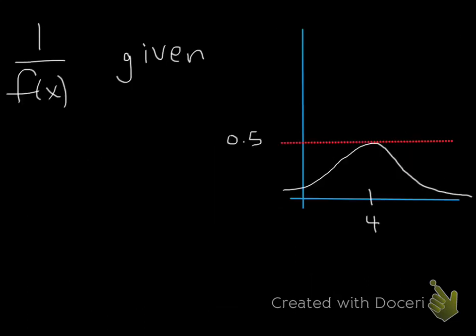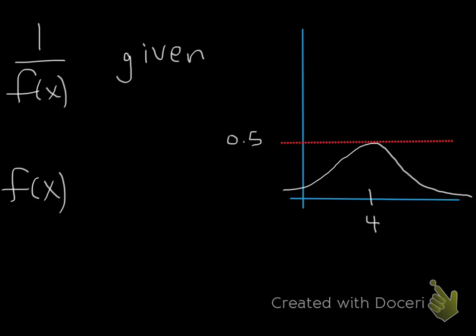So say we had a diagram given like this on the right, sort of like this bell-shaped curve, and it says here that this is the graph of a reciprocal, and we'd like to know what the original function would look like. So you can see that this graph of the reciprocal has no points where y equals 1.